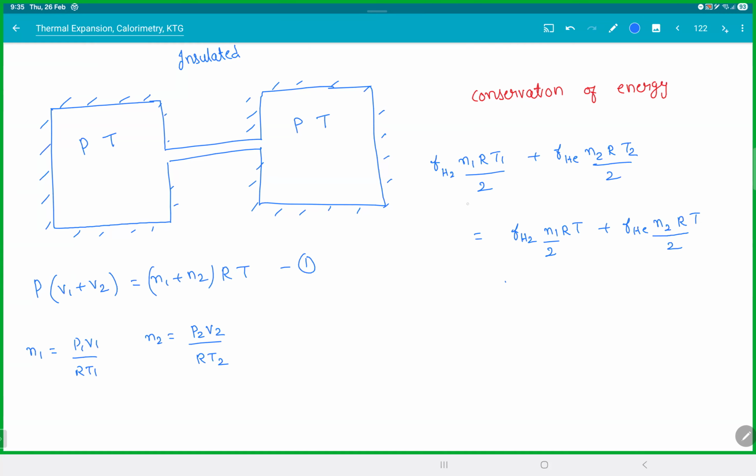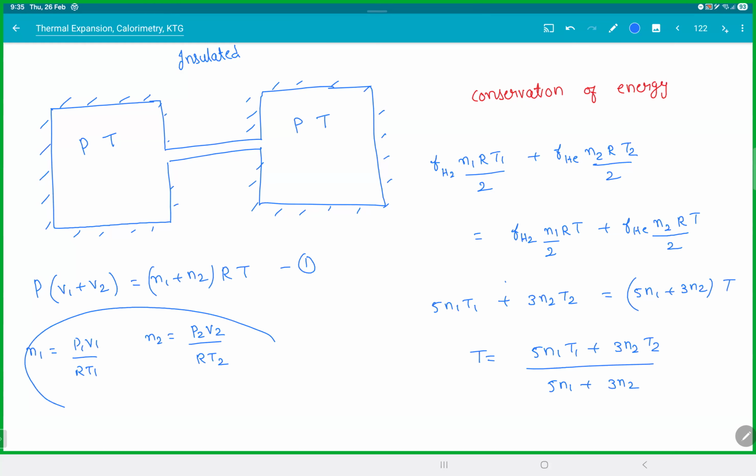R by 2 will cancel everywhere, and that will be 3 N1 T1 plus 5. No, this is 5. 5 N1 T1 plus 3 N2 T2 is equal to 5 N1 plus 3 N2 into T. Therefore, your final temperature is 5 N1 T1 plus 3 N2 T2 by 5 N1 plus 3 N2.